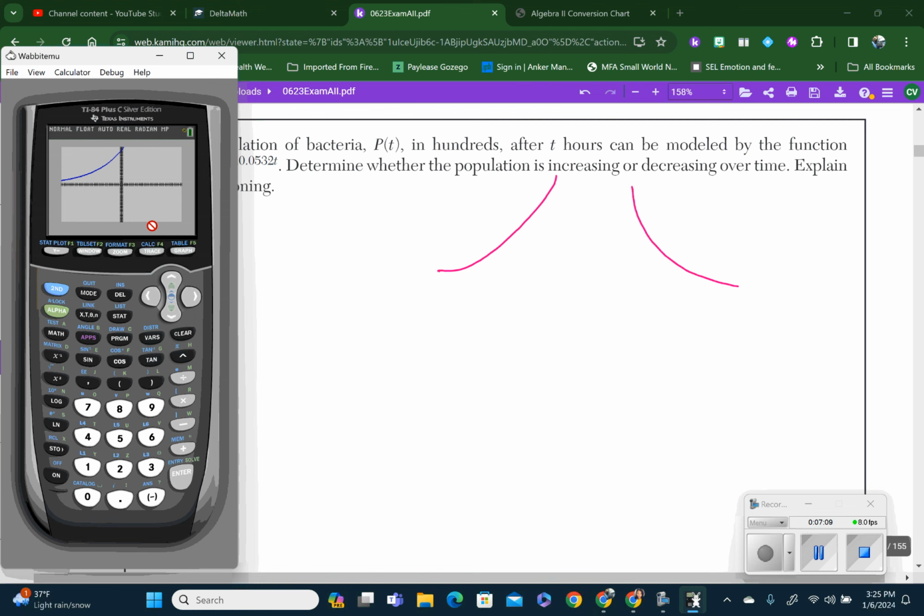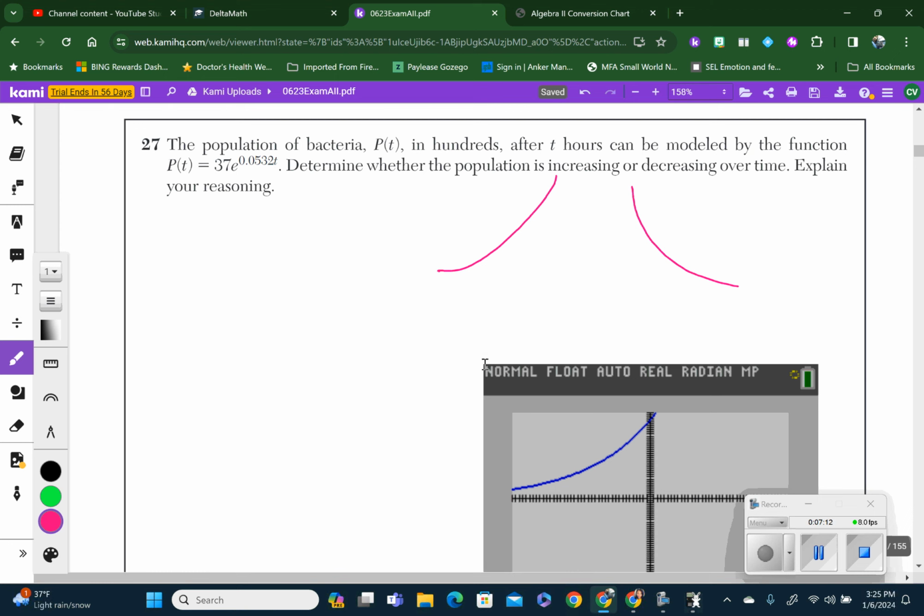And so I should be able to say, hey, this function is, from left to right, increasing. So you literally have to write the word increasing, right?